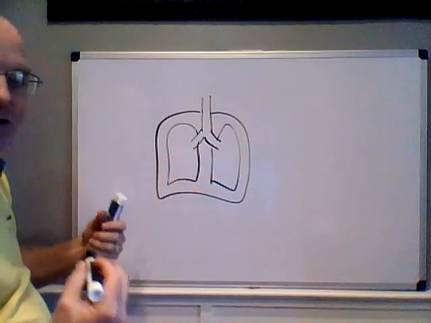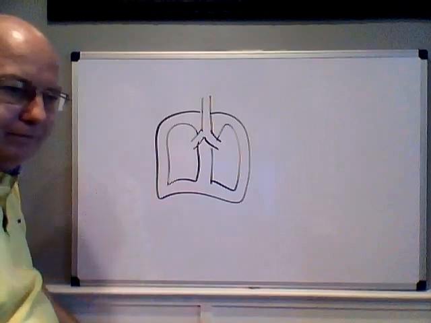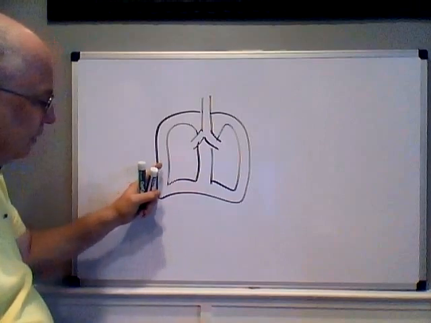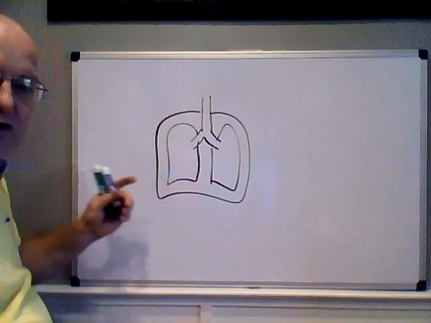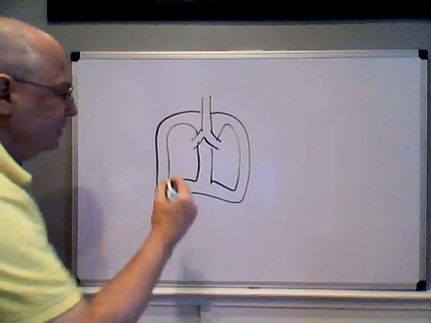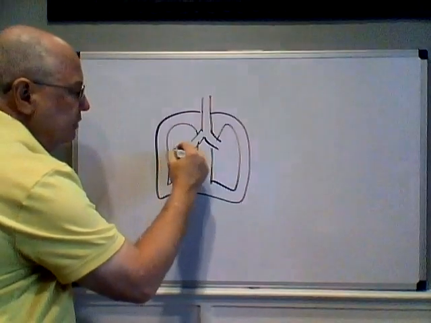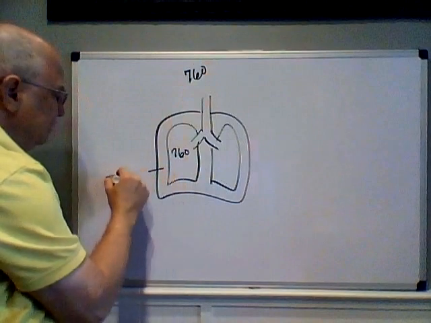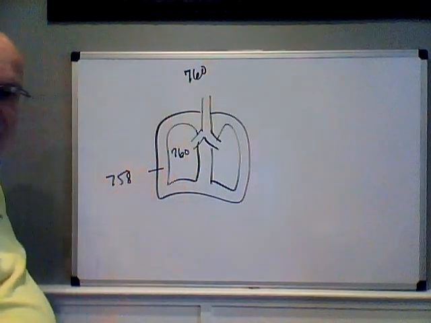So even if we're sitting at the end of exhale, when this pressure had risen, it was still lower than intrapulmonic pressure. So even if this is at 760 millimeters and this is at 760 millimeters, this is at 758 millimeters of mercury.